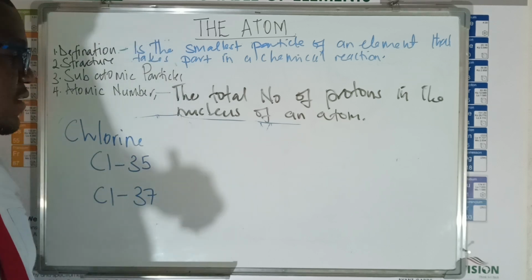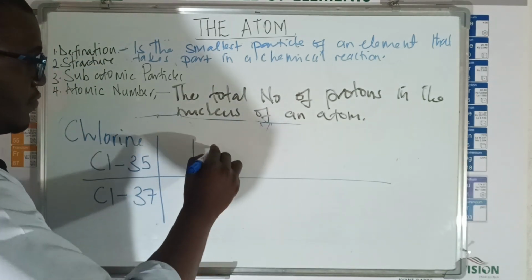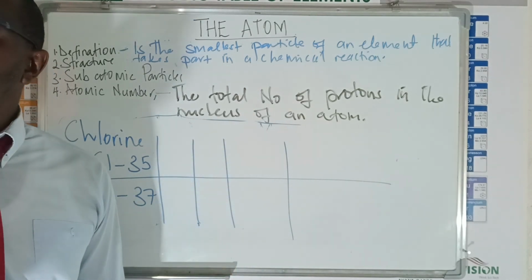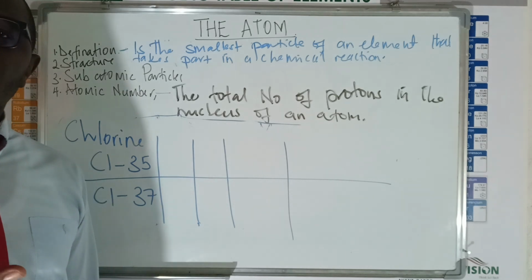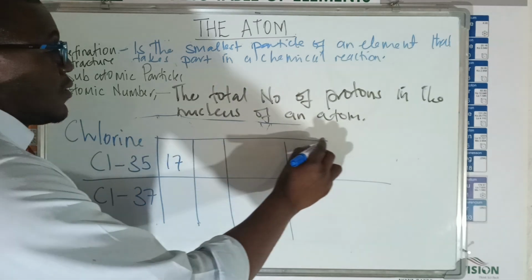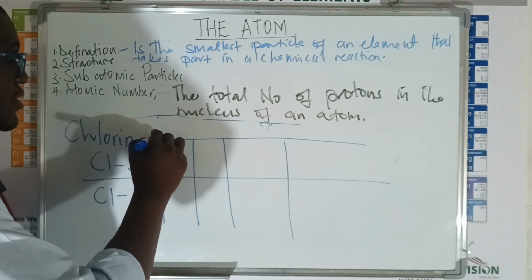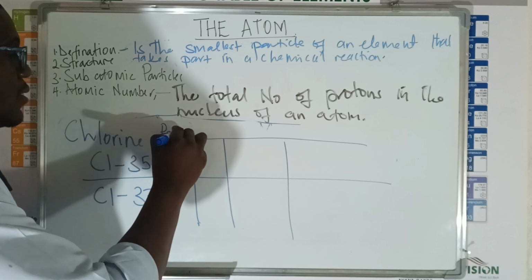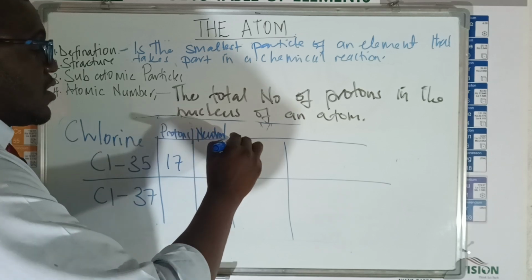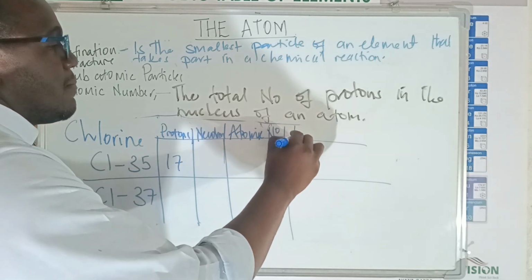If we look at it the same way, any atom of chlorine will have 17 protons because chlorine is atomic number 17 in the periodic table. So these ones are protons, neutrons. You can have here atomic number. You can have here mass number.